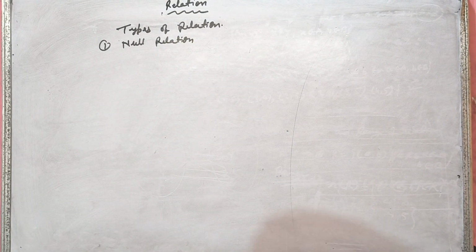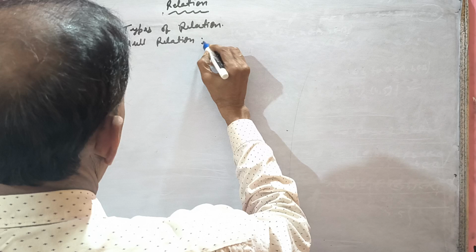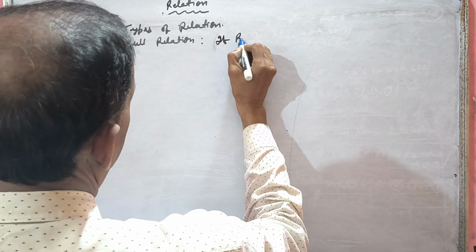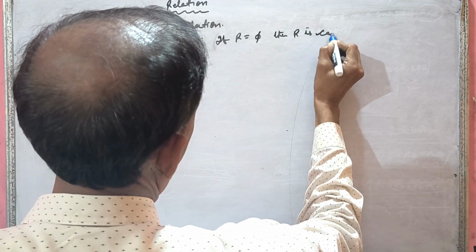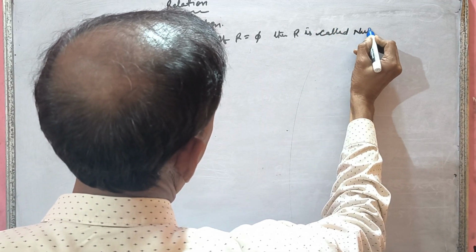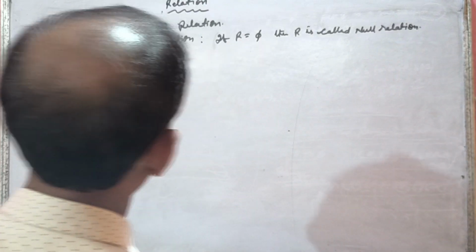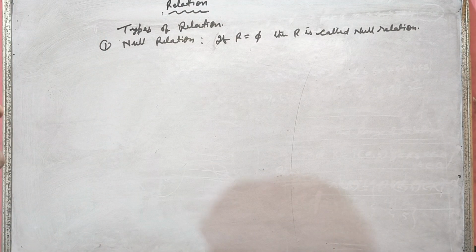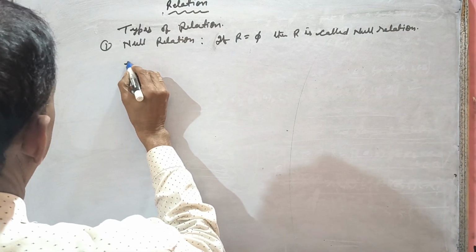Clearly, if R equals the empty set, then R is called a null relation. By the given condition, if you are not able to form any ordered pairs, then R will be a set with no elements, no ordered pairs, so it is called a null set. See the one example.